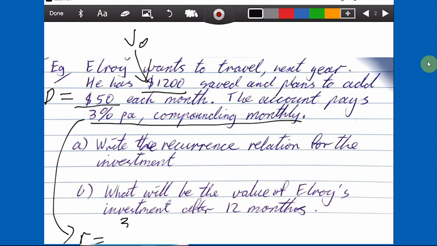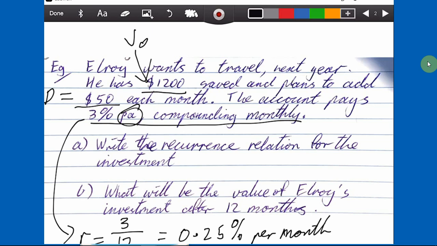It's 3% per annum, compounding monthly, 3 divided by 12 is a quarter, or 0.25% per month.